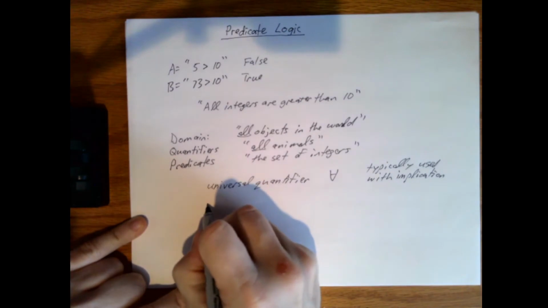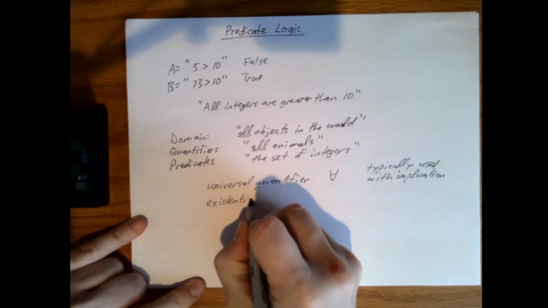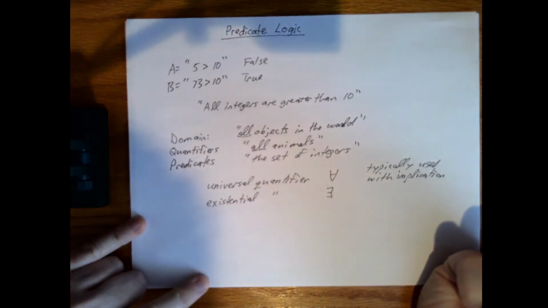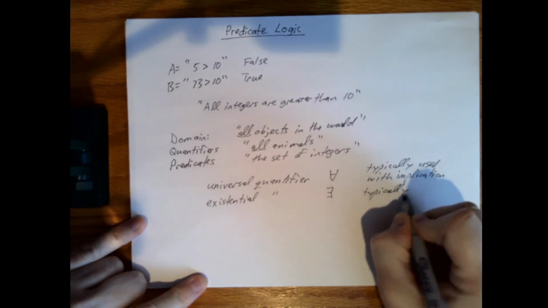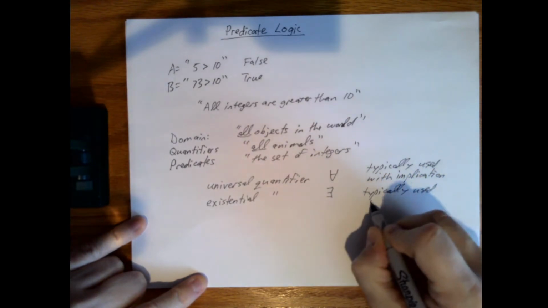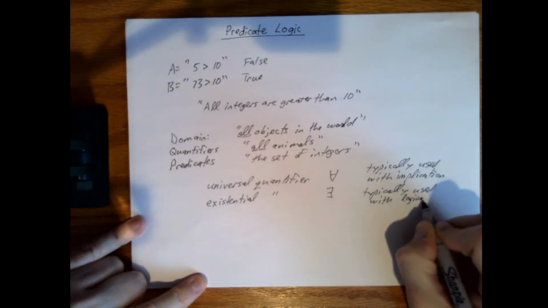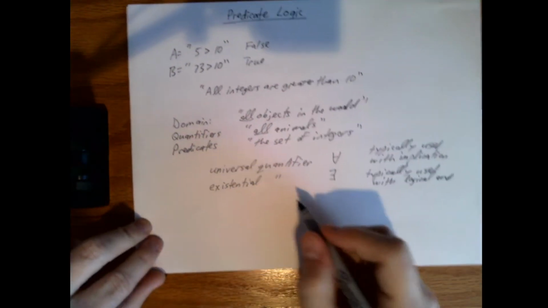And then we have the existential quantifier, which looks like a reverse capital E, and it's typically used with logical and. Okay? So what do each of these mean?